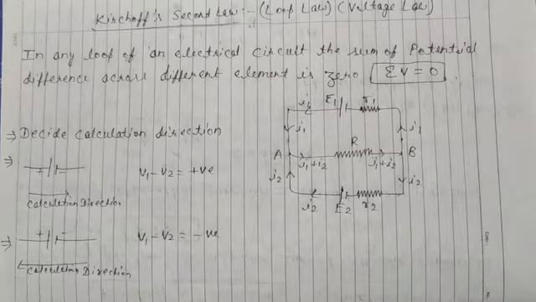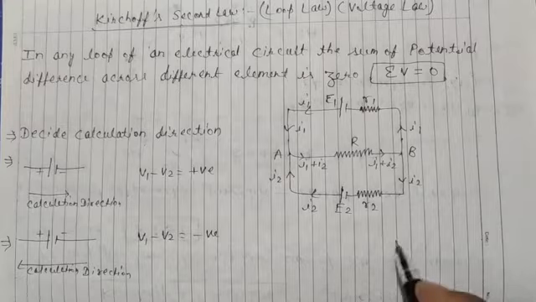That means, according to Kirchhoff's first law, we must distribute the electric current and we must know the direction of electric current in all the elements of the loop. So, we have to start with Kirchhoff's first law.